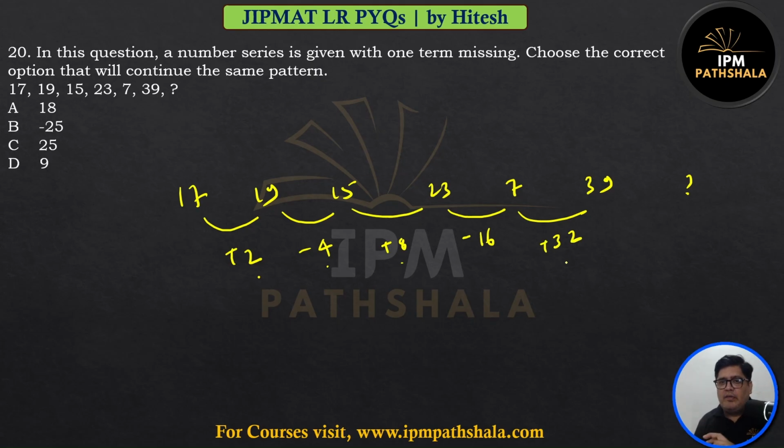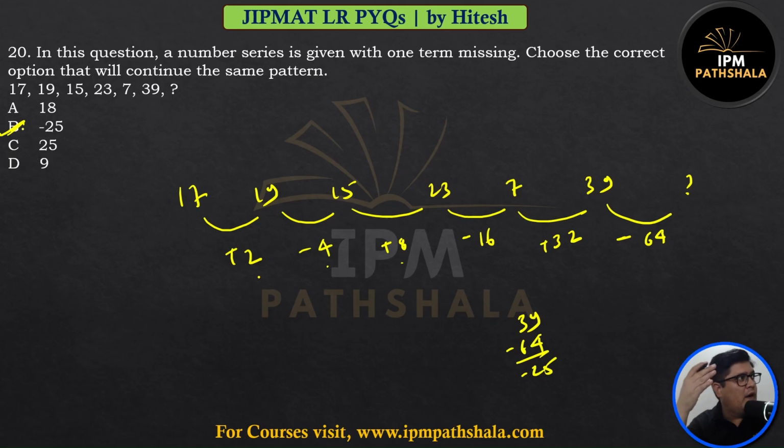So what power of 2 comes after this? I have 64. But again, plus, minus, plus, minus, plus, I will have minus. So 39 minus 64 is minus 25. So powers of 2 are alternatively added and subtracted.